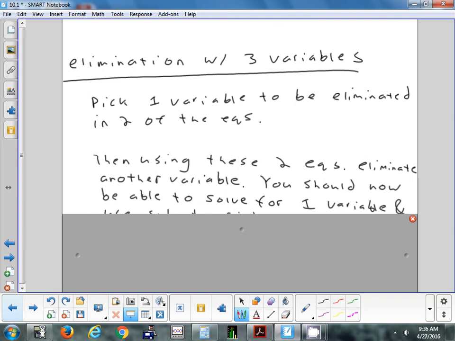And then, after we do that, we're going to have a system with two equations and two letters. And now it's going to be just like a problem we've done before. We'll try to eliminate another variable. And then after we do that, we're going to have an equation with just one letter. We'll solve for that one variable, and then we're going to go back and start plugging in to find the other variables.